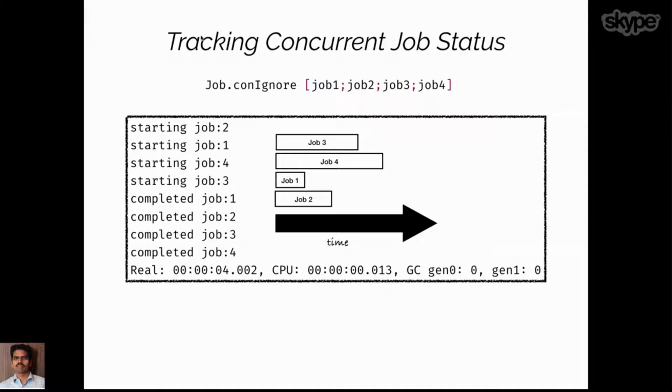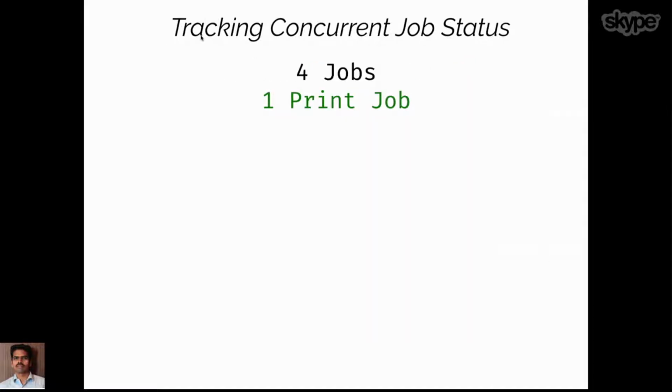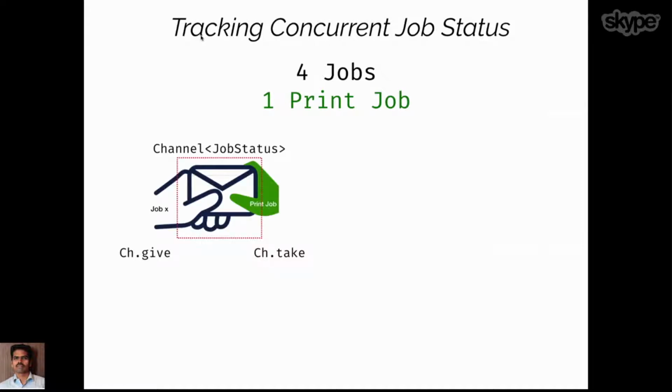It's a very simple program which just keeps track of when a job started and when it completed. In order to do this, we need 4 jobs simulating those 4 jobs, and one print job which sits on the other end, receives the status of the jobs and prints it. There is something called a channel, which is generic and can take any data.